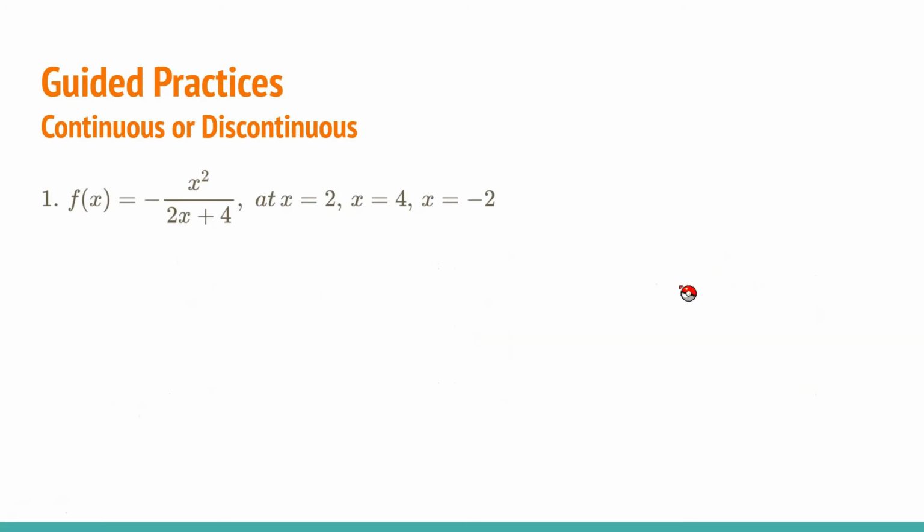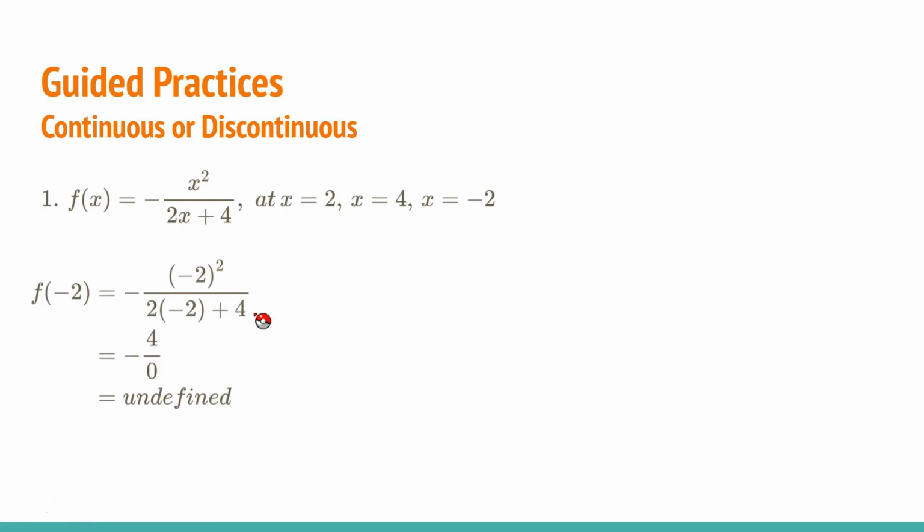Now, lastly, for x equals negative 2. So let's start with the function value. If we replace the values of x with negative 2, we'll get an undefined answer since there's a 0 in the denominator.